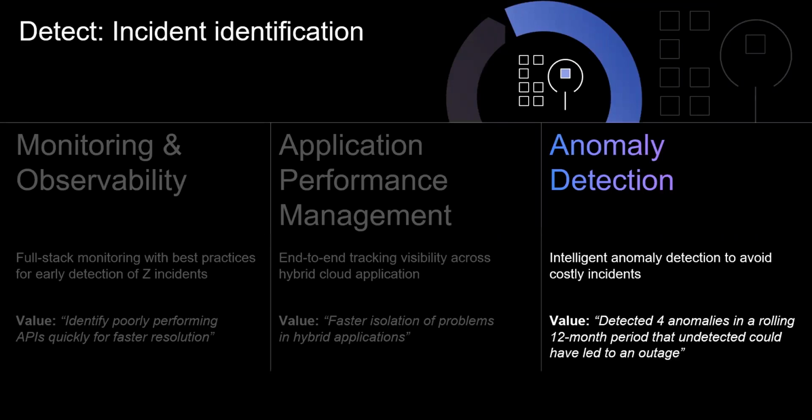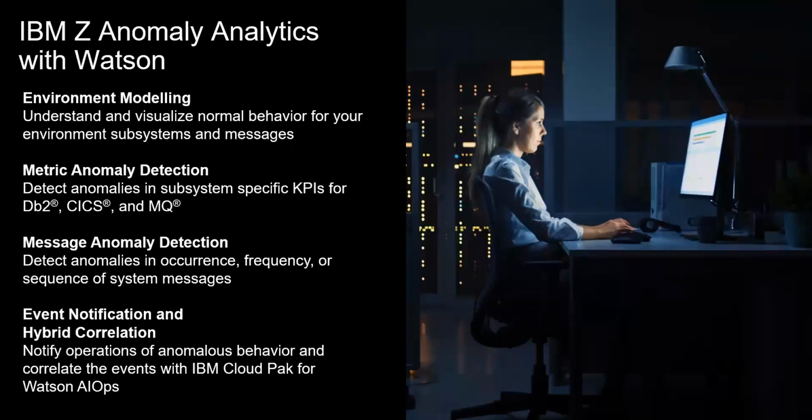All of those wrap up into the total cost when we experience application issues. So in August and September of this past year, we announced a new solution for IBM Z, IBM Z Anomaly Analytics with Watson. And it's really focused on 4 key capabilities within this solution.